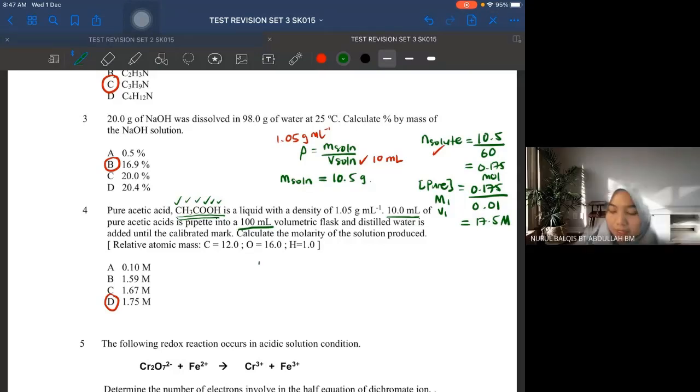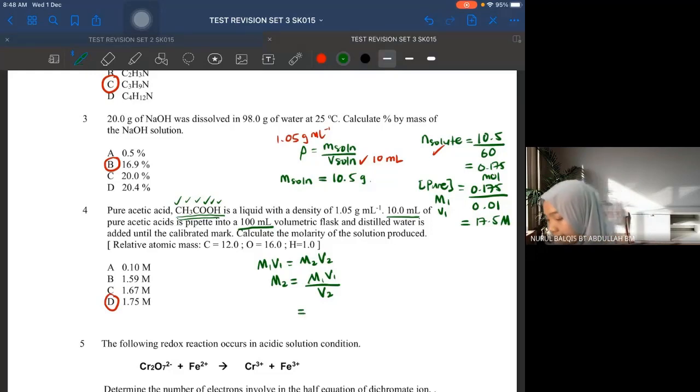So, awak masuklah formula M1V1 equal to M2V2. So, kita nak cari M2. So, M1V1 over V2. M1 17.5, V1 10 ml, V2 100 ml, then your M2 gonna be 1.75 molar.